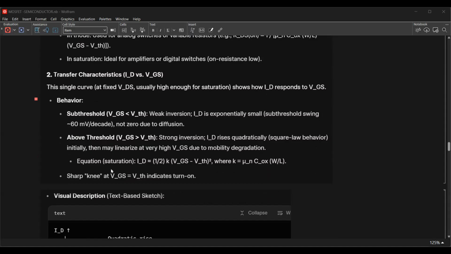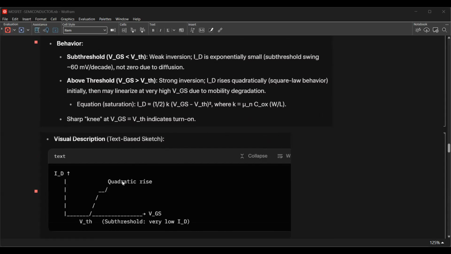The equation to be used here is ID equals 1/2 K times (VGS minus VTH) squared, where K is the product of electron mobility mu sub n and oxide capacitance. Sharply at VGS equal to VTH.